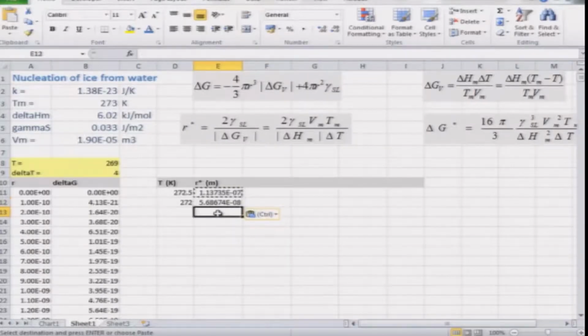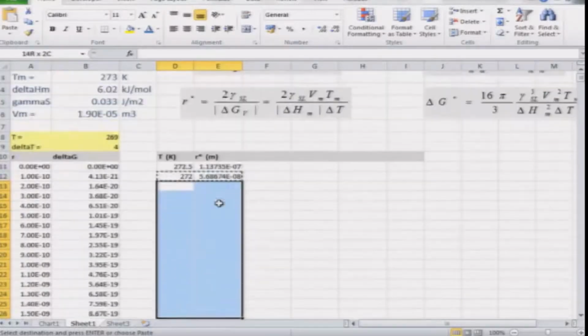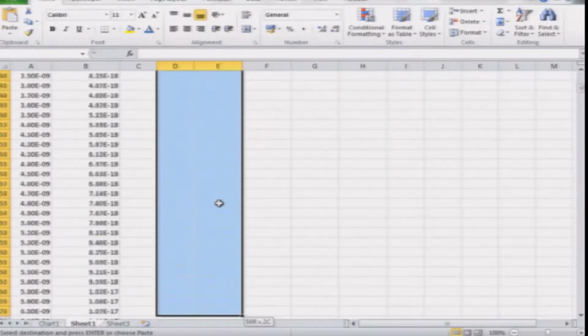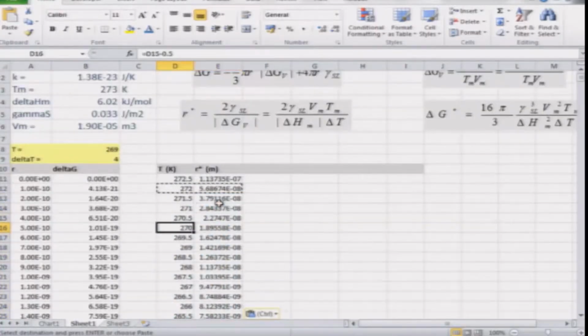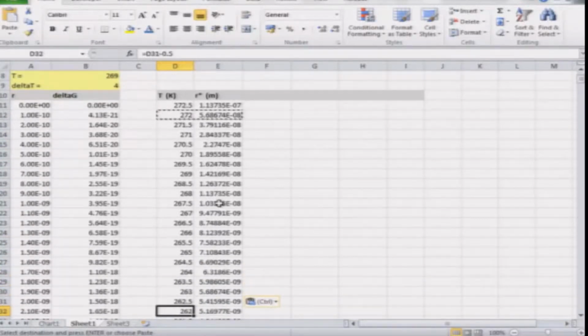So, I get a different R star, and now I simply copy both of these formulae and I will get a series of critical radii for different transformation temperatures. If I examine as the transformation temperature is reducing on this column, you will notice that the critical size is reducing. So, as the undercooling is increasing, the critical size is reducing.